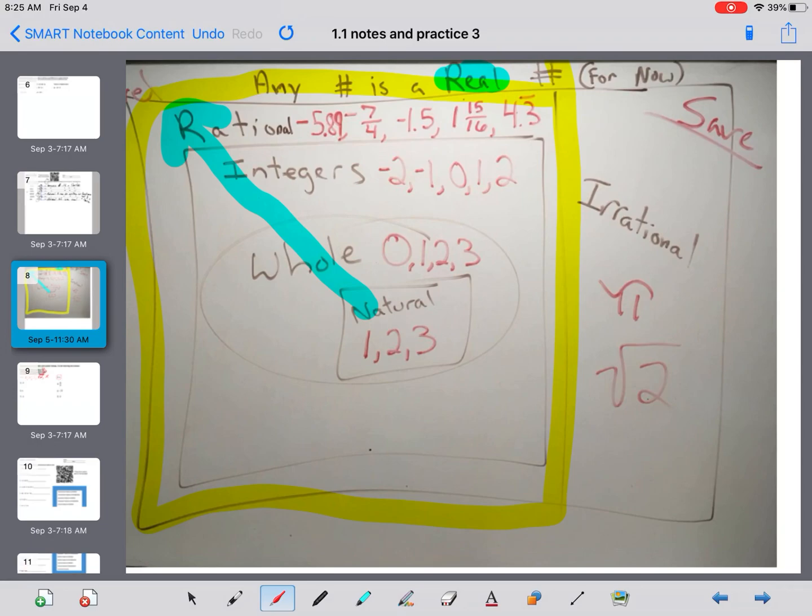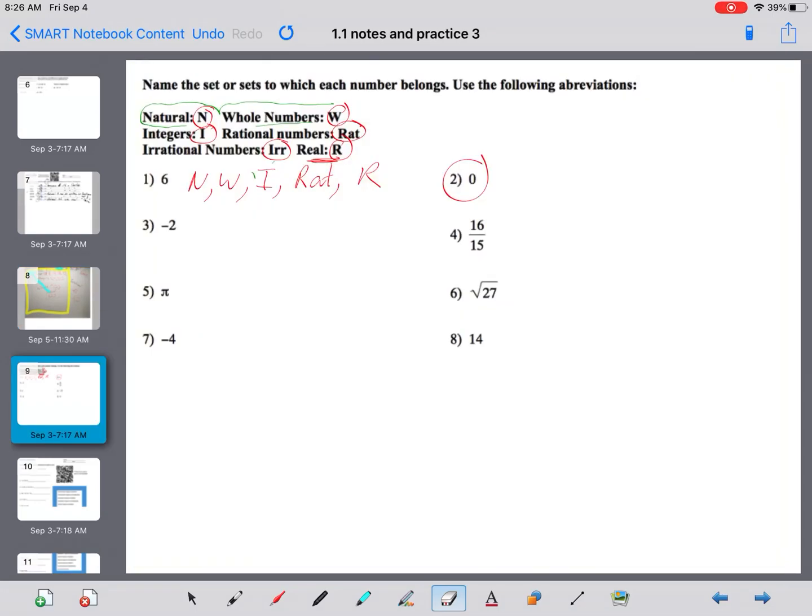Well, it does not fit in the natural number system, but it does fit in the whole number system. So it fits in this circle, and then we can keep on working out. That means it's also an integer. You see 0 there, and it's also rational because it can be written as a fraction, 0 divided by 1. And it's also real. So whole number, integer, rational, real.